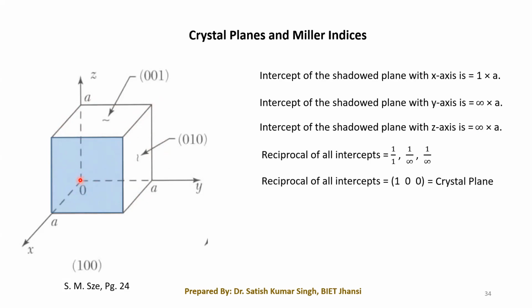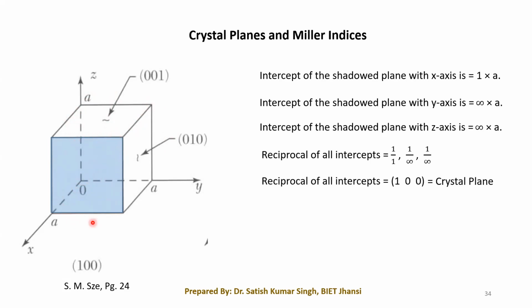It does not make any difference whether it is this plane or this plane or this plane. All three planes are equivalent, so there is no variation, no change in the behavior.